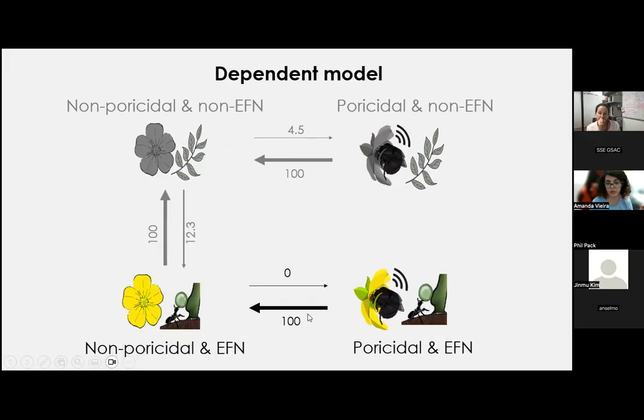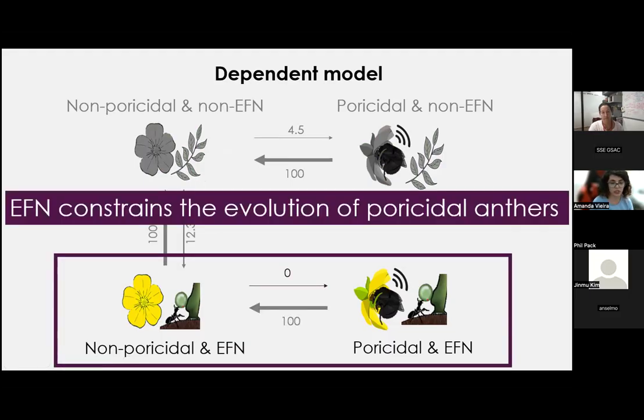This is the evolution of poricidal anthers in plants with extrafloral nectaries. And it seems that there's a high chance of plants losing this trait and becoming non-poricidal. And there is no chance of plants gaining the poricidal trait from plants that already have extrafloral nectaries. So we are showing here that extrafloral nectaries constrain the evolution of poricidal anthers.